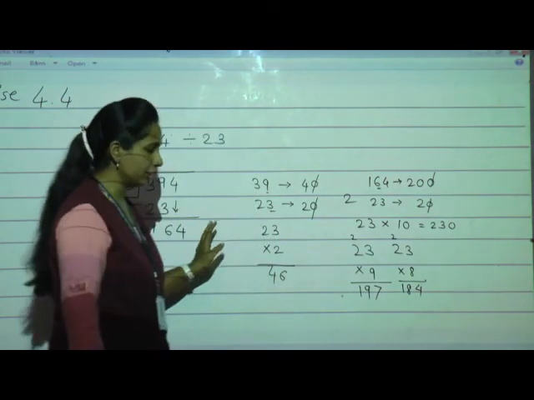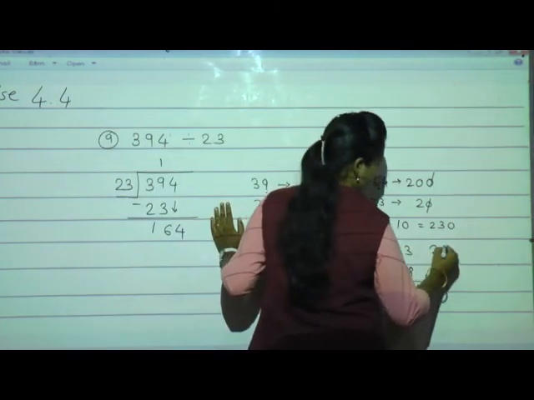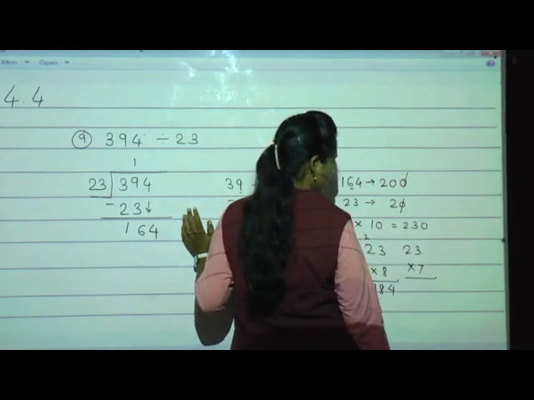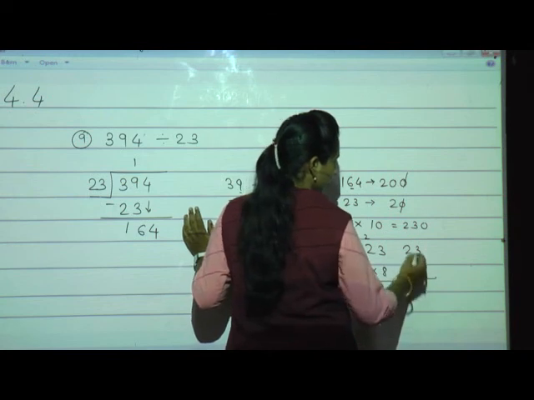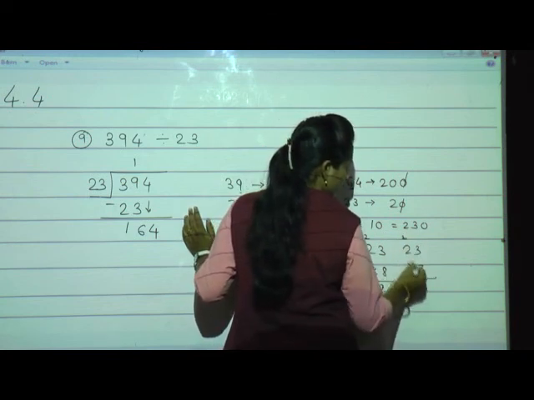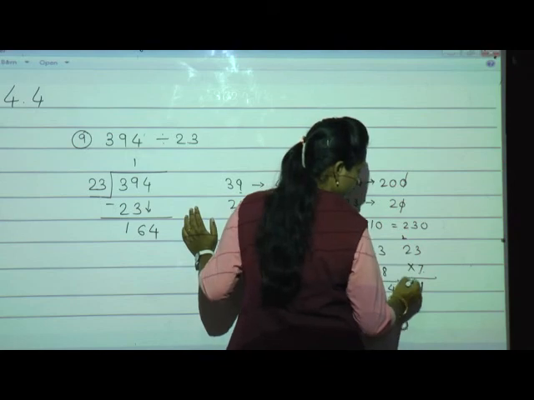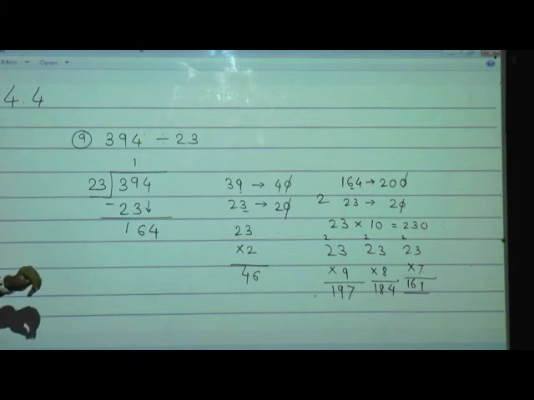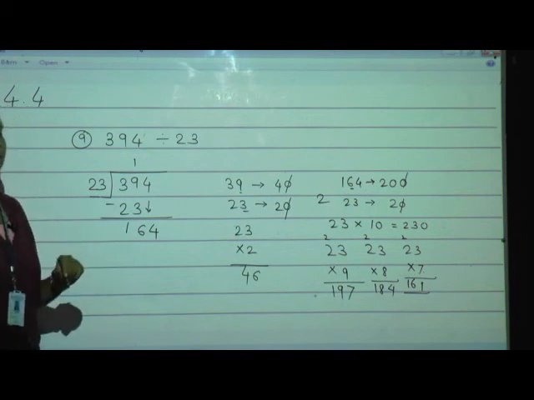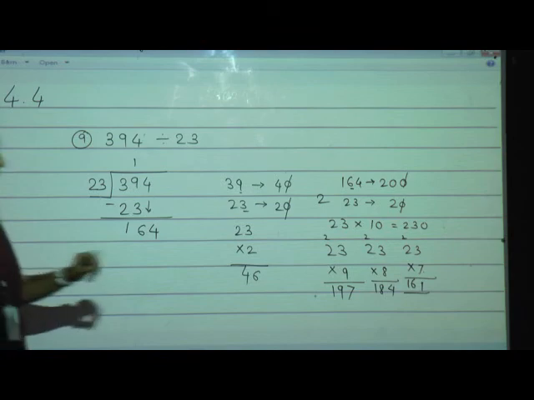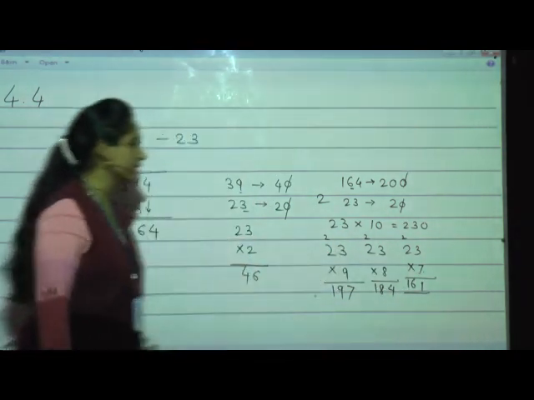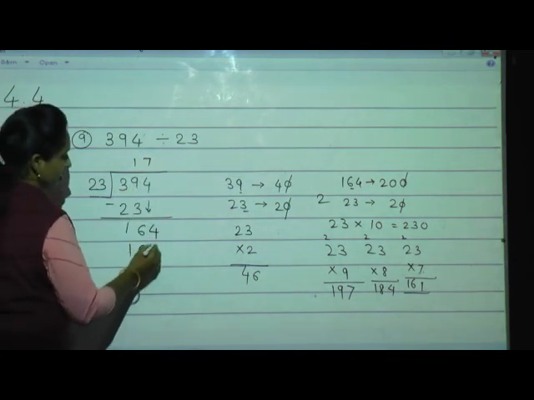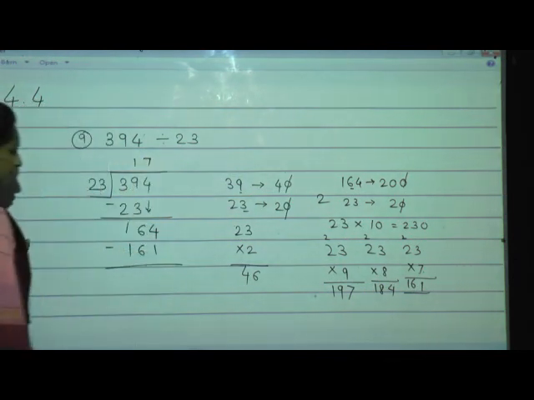Again this also we cannot take, so go with one less. 23 7s: 7 3s are 21, 7 2s are 14, 14 plus 2, 16. See, now we got 161. So 161 is less than 164. So how many times 23? 7 times 23 is 161, can go from 164.